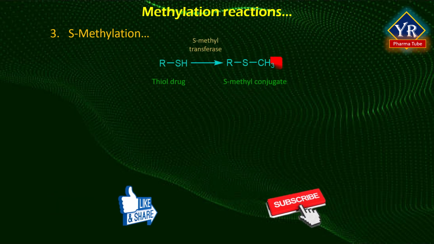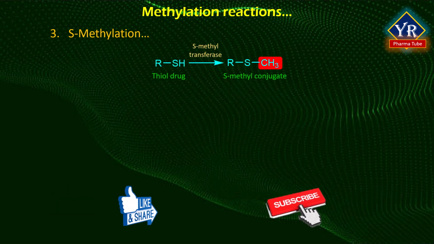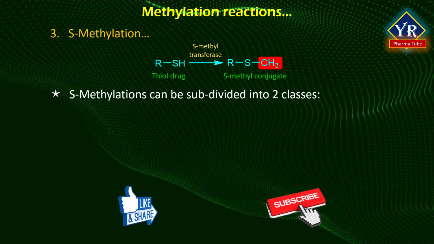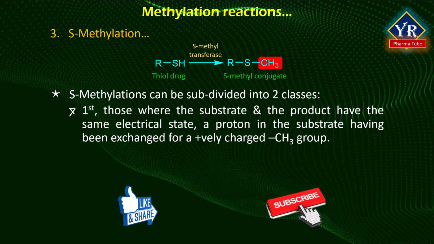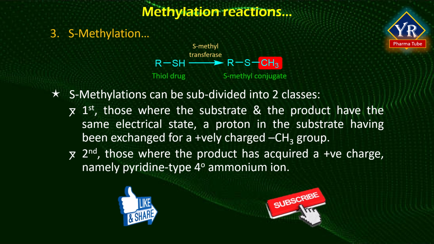From the reaction as given here, it is apparent that methylation reactions can be subdivided into two classes. Number 1, those where the substrate and the product have the same electrical state, a proton in the substrate having been exchanged for a positively charged methyl group. And number 2, those where the product has acquired a positive charge, namely has become a pyridine type quaternary ammonium ion.